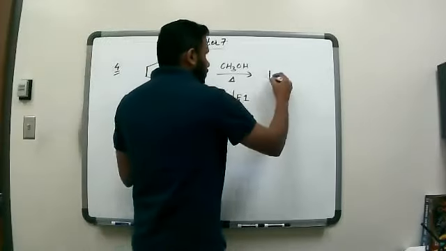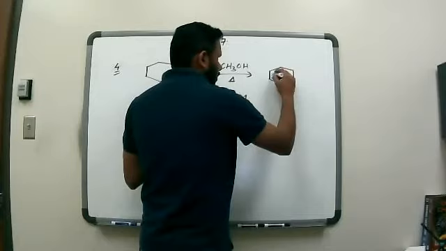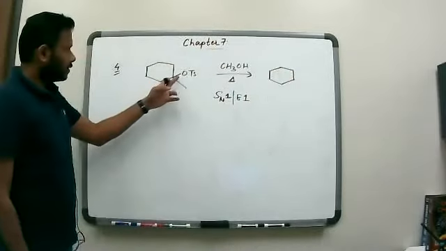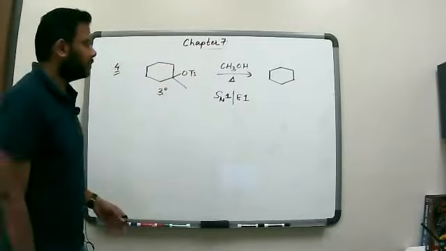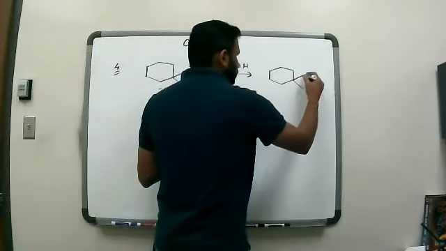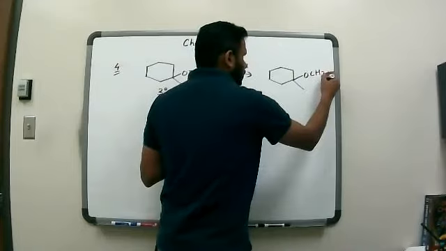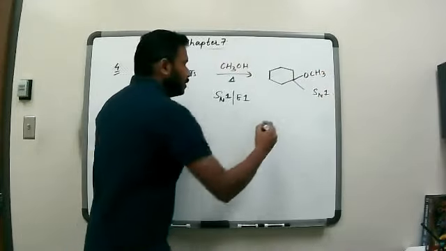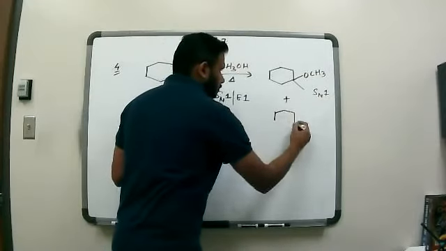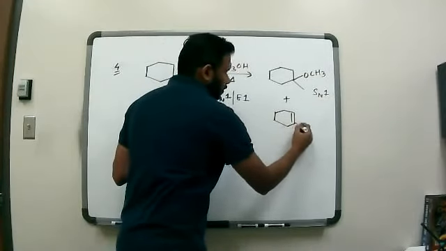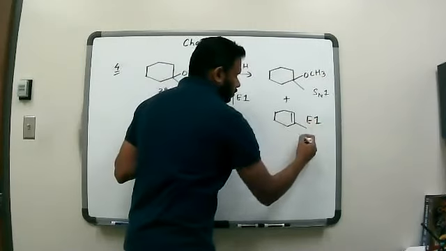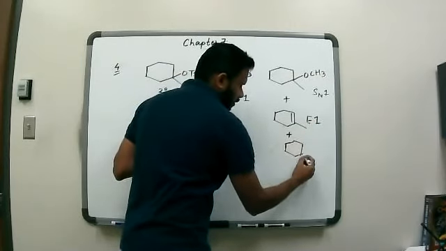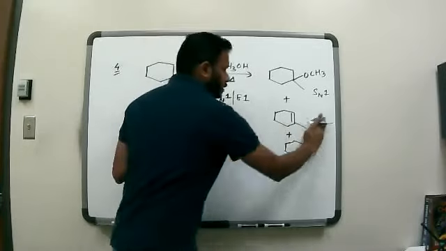So for our products here, the mechanism itself does not change. Everything is the same. The tosyl ester would basically act as a leaving group. So our product here is going to be this SN1 product plus our E1 products, which are these alkenes.